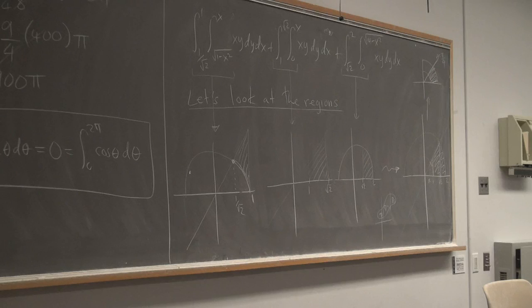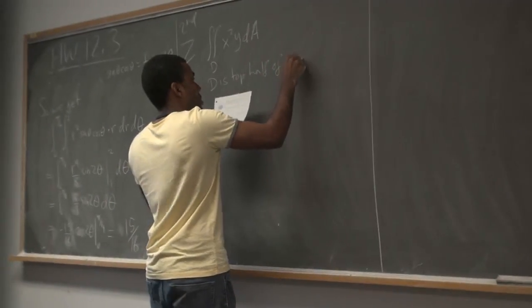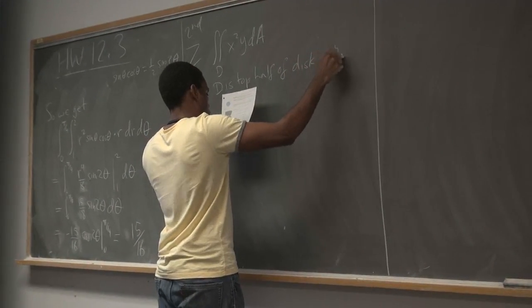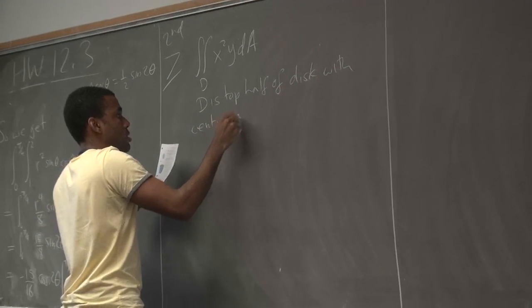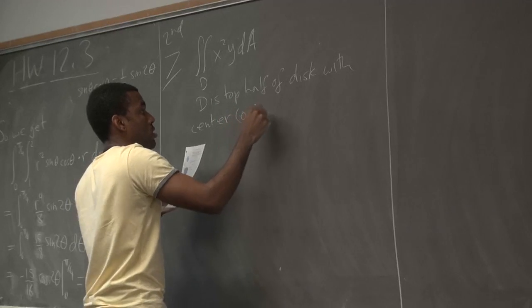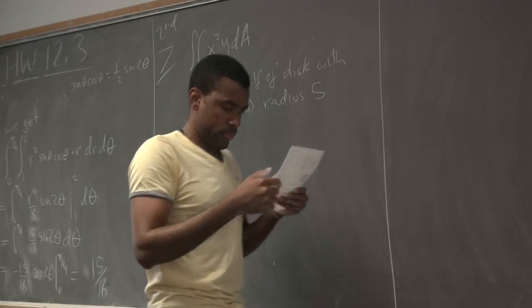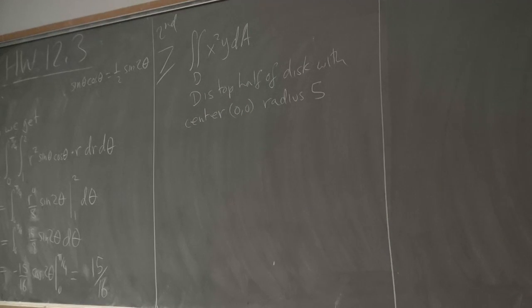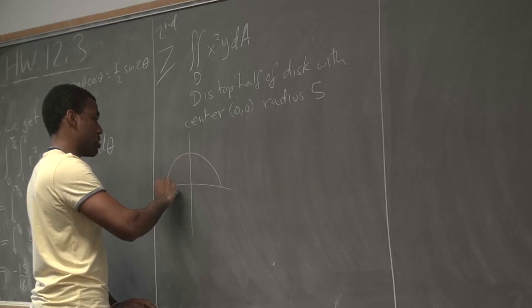D is the region with center the origin, radius 5. Okay, how do we set that up? So it's a half circle, the top half. So D looks like this.